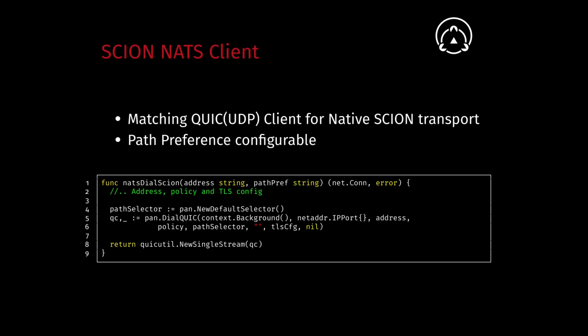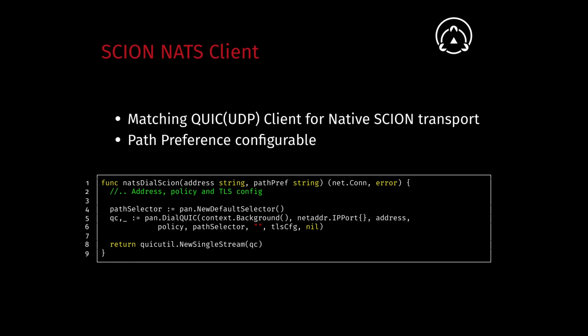So next up was the SCION NATS client. This is the server-side client that I'm showing here, and what I was able to do to port it over to a native SCION transport via QUIC. If you look starting at line 4 here, since this is the client, I actually get to do a path selection.